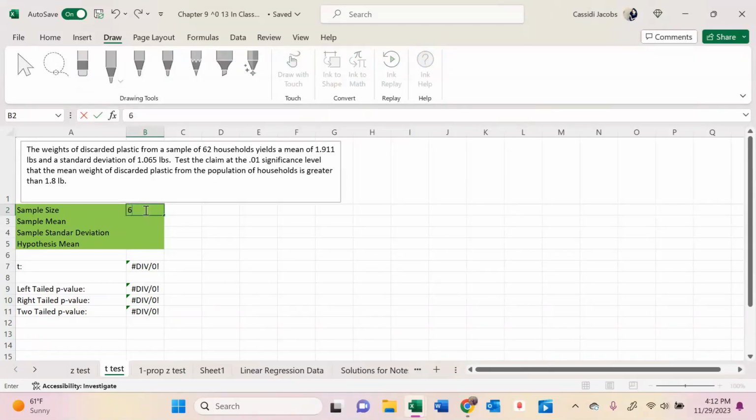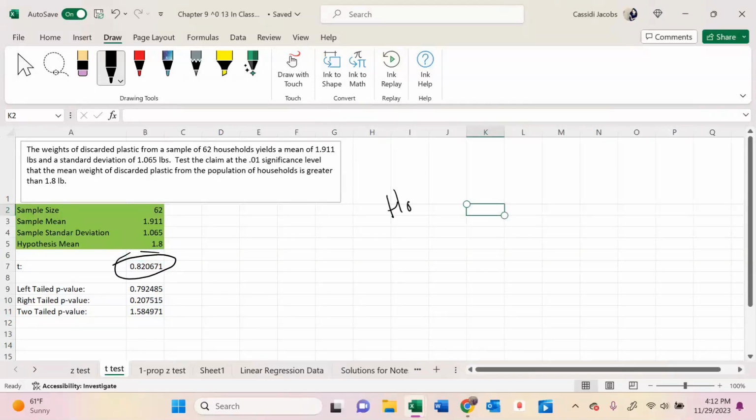So our sample is 62 households. Our sample mean is 1.911. Our sample standard deviation is 1.065. And our hypothesis mean is the one that says is greater than 1.8. So if you're asked for a test statistic, this is your test statistic.